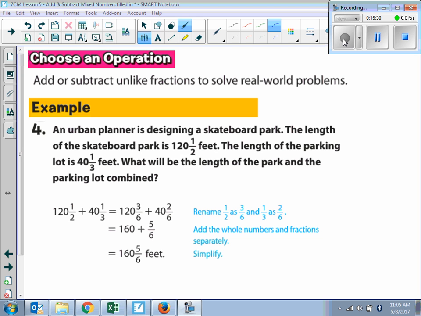So we have 120 and a half plus 40 and 1/3. First thing we need to do is get common denominators, and then we can add. So 120 plus 40 is 160, and 3/6 plus 2/6 is equal to 5/6. So altogether, the length of the park and the parking lot is going to be 160 and 5/6 feet.